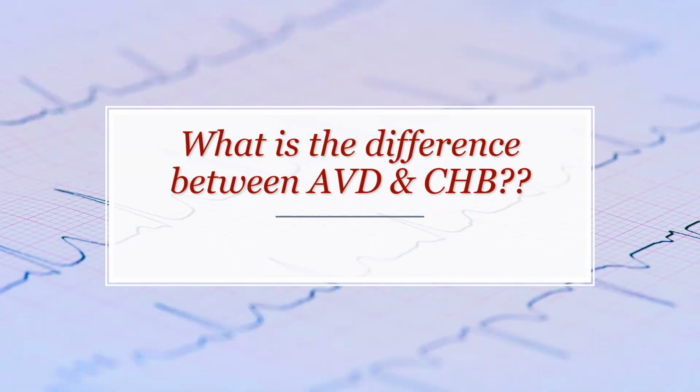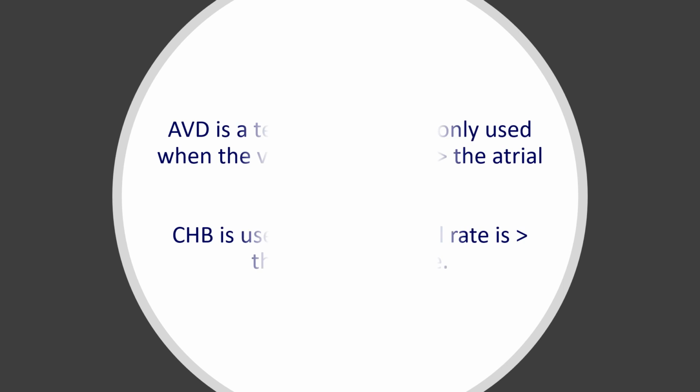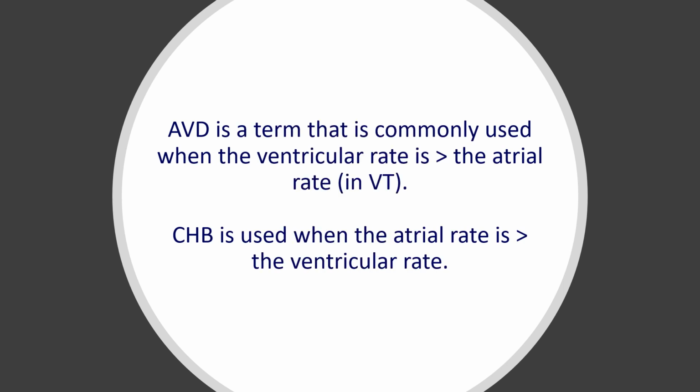So the question is, what's the difference then between the AV dissociation and complete heart block? The answer is, AV dissociation is a term commonly used when the ventricular rate is more than the atrial rate, like in VT. In VT, you cannot really say that there is a complete heart block, but there is definitely an AV dissociation because the P waves are not transmitted to produce an impulse.